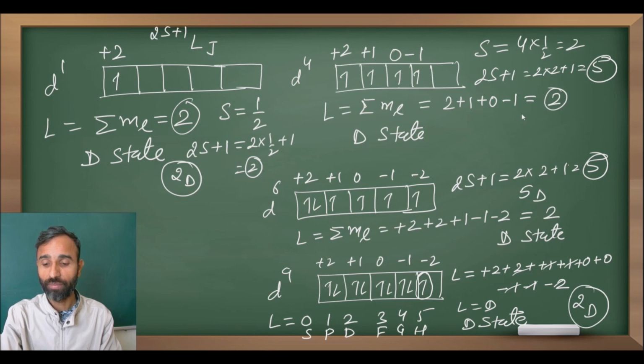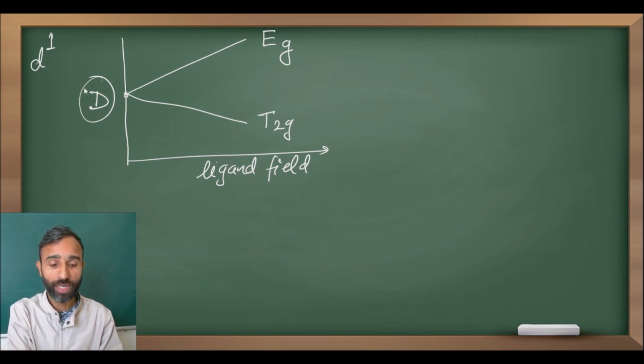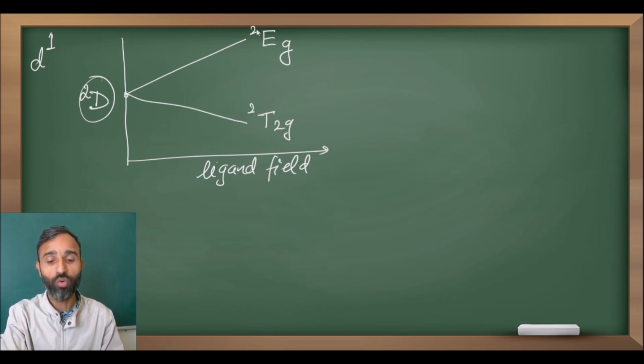So it is 5D. So D1 and D9 are 2D, and D4 and D6 are 5D. So for D1 it is 2D, which splits into 2T2G and 2EG.